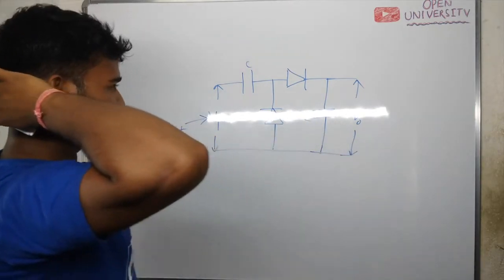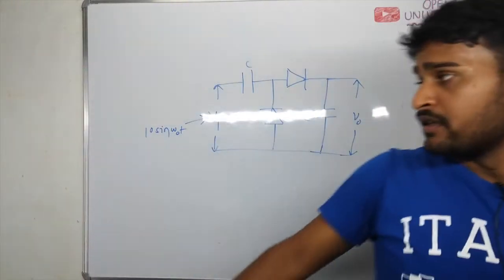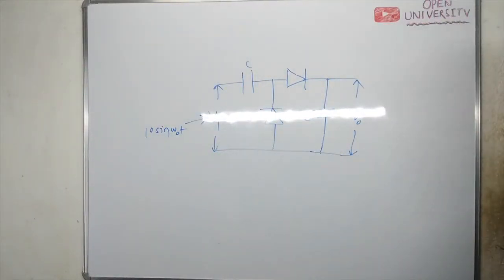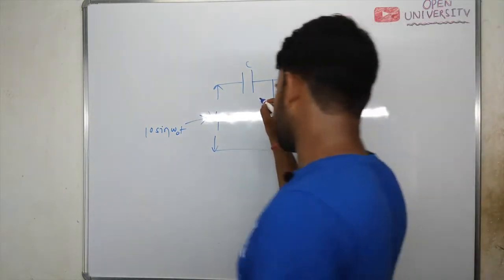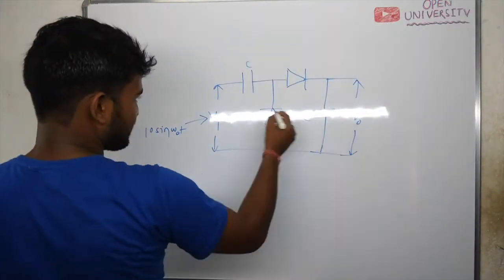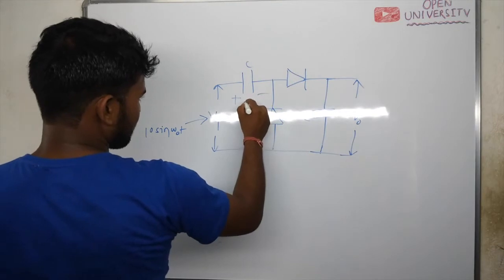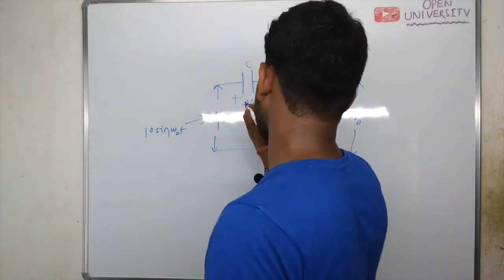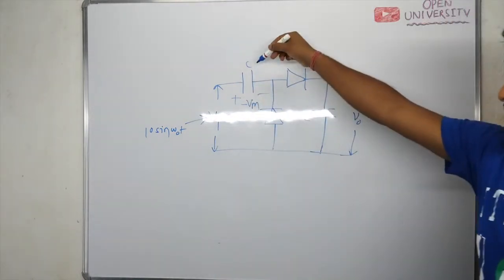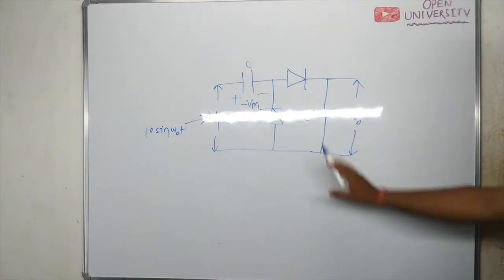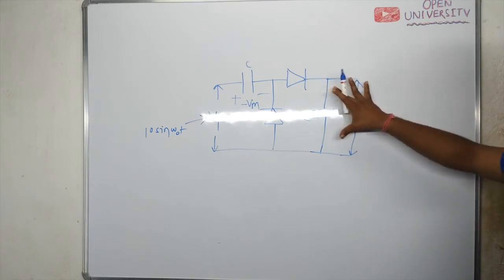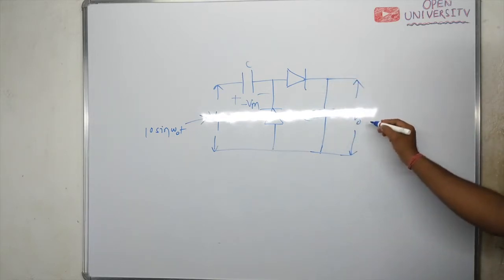By looking at this, can you tell me what is this circuit? This is a voltage doubler circuit. In a voltage doubler circuit, what is VC1? This is your C1, this is your C2. VC1 was minus Vm. The voltage across this capacitor is minus Vm. And what was VC2 or output voltage? VC2, the voltage across the capacitor, is nothing but the output voltage, which was 2 Vm.